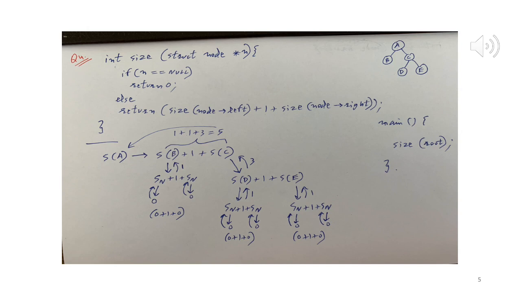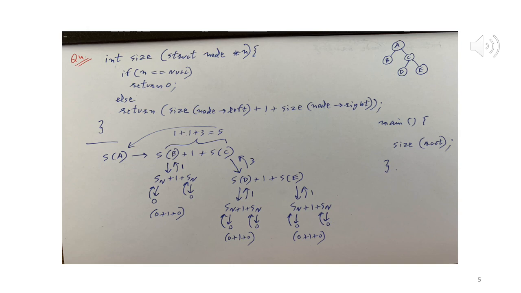You will note that here we are making some function calls. Instead of writing size, I have written s, just a shorthand. So s is the same as size. And when I'm calling s with A, what I actually mean is I am calling size with a pointer to node A. So s A means I'm calling size with a pointer to node A. Again, we're using a shorthand here, just to minimize writing.